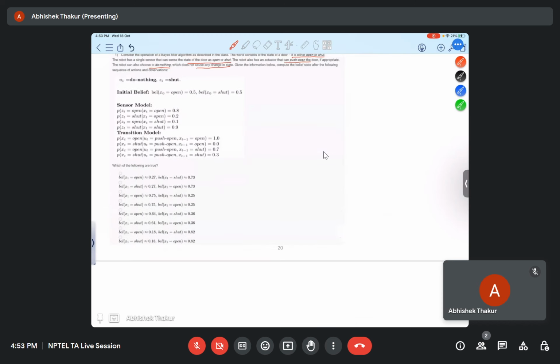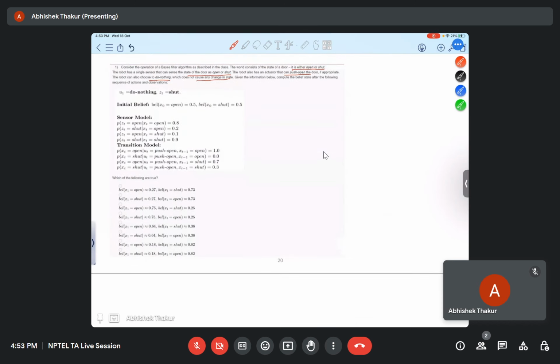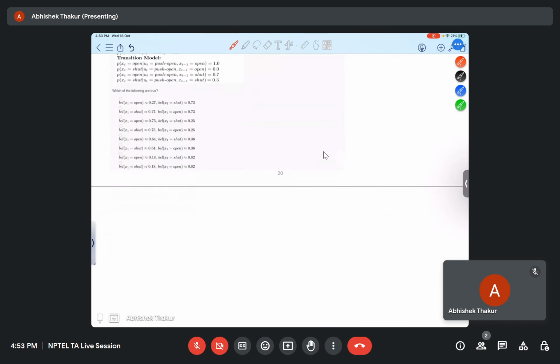So first, in this question, we have to find belief of x1 is equal to open or belief of x1 is equal to shut. So for that, we have to find belief bar of x1 is equal to open, and belief bar of x1 is equal to shut.